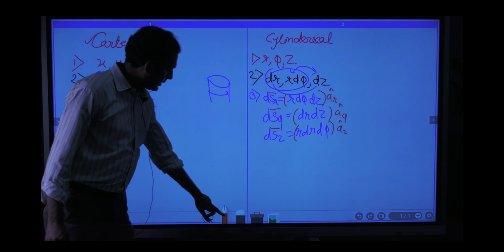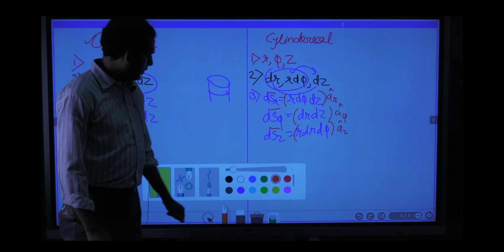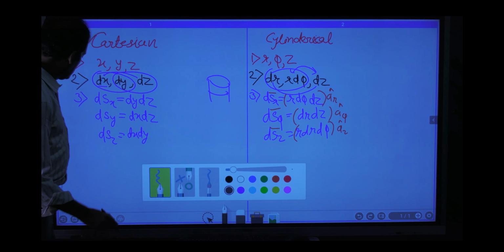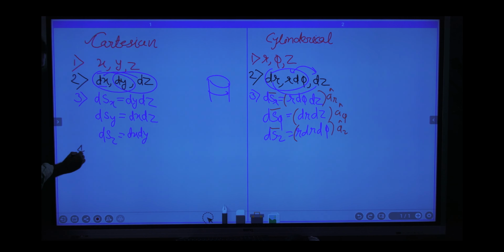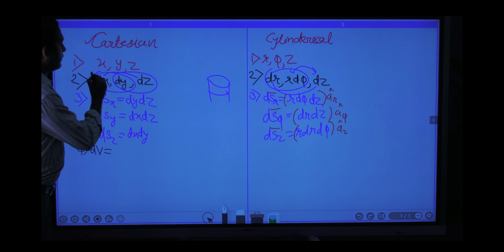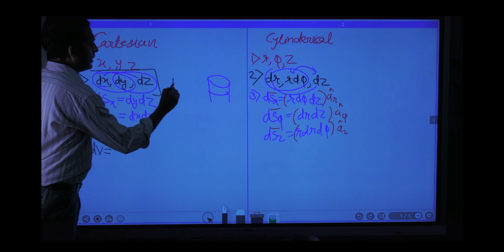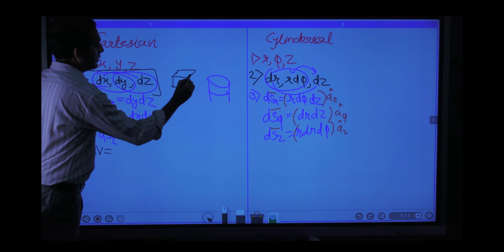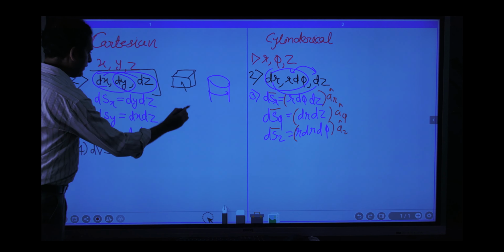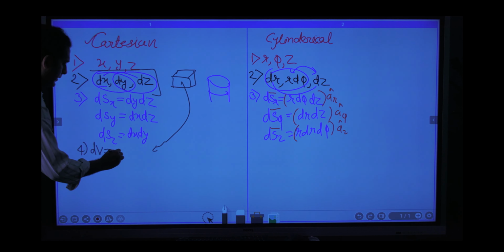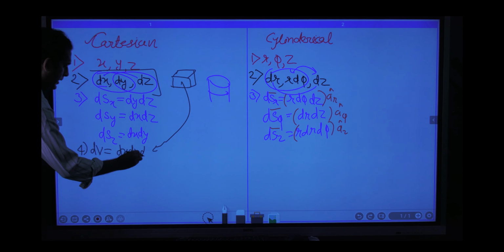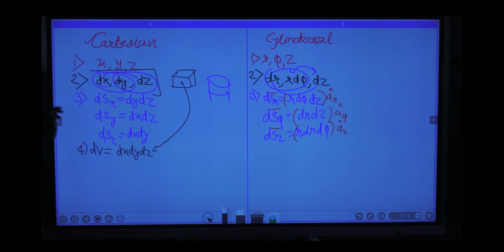Next one, what we can compare is differential volume. So here, fourth parameter, we will write down the equation for differential volume. Differential volume is the product of all these three elements for the Cartesian coordinate system. This is the volume. So differential volume will be dx, dy and dz.